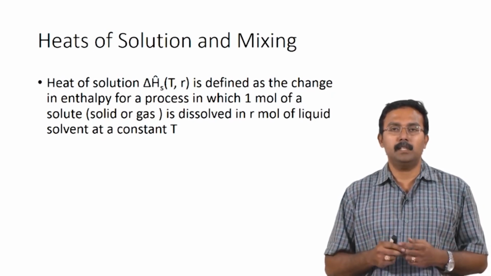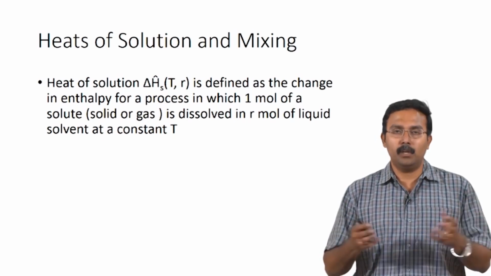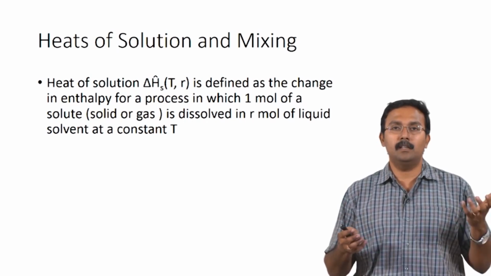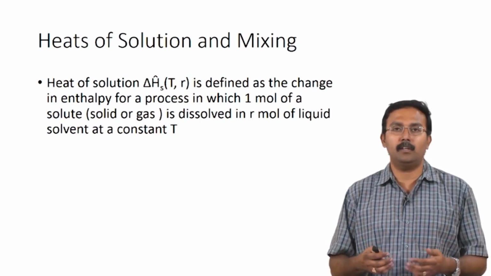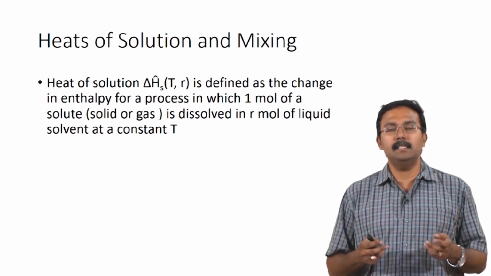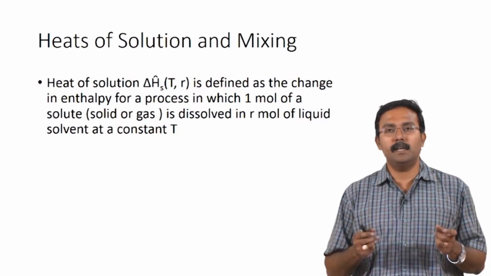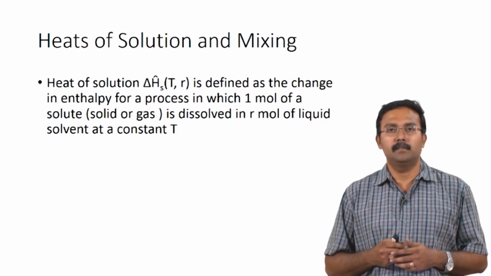Just like how you have a process where two components are mixing, depending on the concentration of one component, you are going to have a different effect on the enthalpy change, and this needs to be accounted for using the R term. This is the term which defines the level of dilution or concentration of the solute in the solvent.